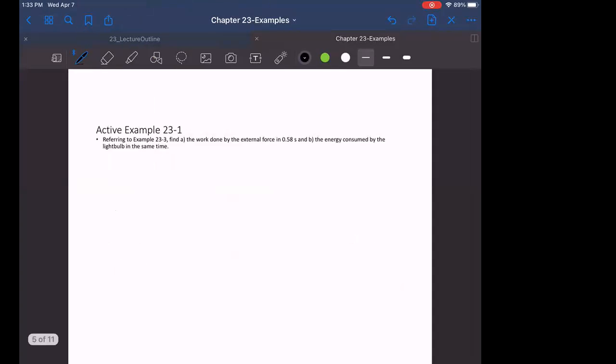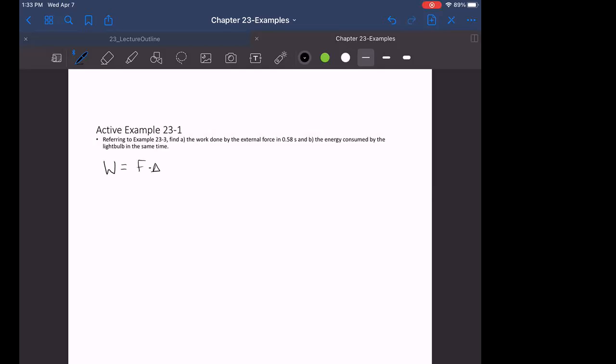So how do we find work if we have force and we have time and all that kind of stuff? Going at a constant velocity. Think back to last semester. So, okay, let's write down, this isn't our definition of work, but it's a nice, good working one, right?